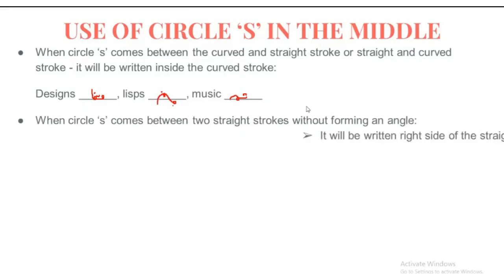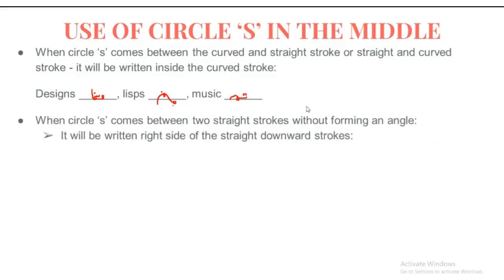When circle S comes between two straight strokes without forming an angle, it will be written right side of the straight downward strokes. Like when those strokes जब मिलते हैं एक जैसे, जैसे decide. In case of decide, D is a downward stroke and the next D is also a downward stroke.